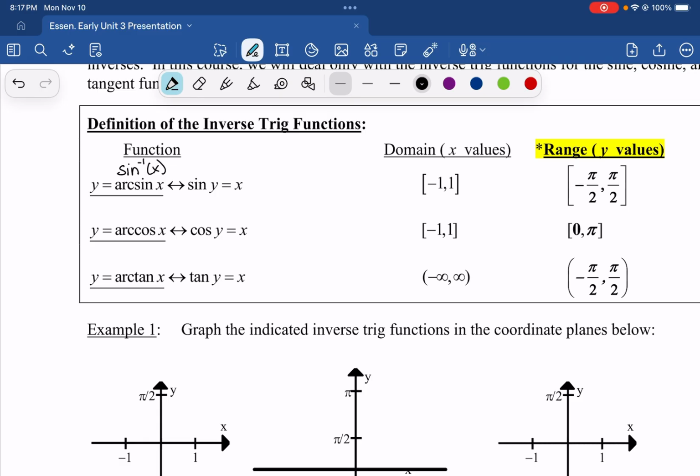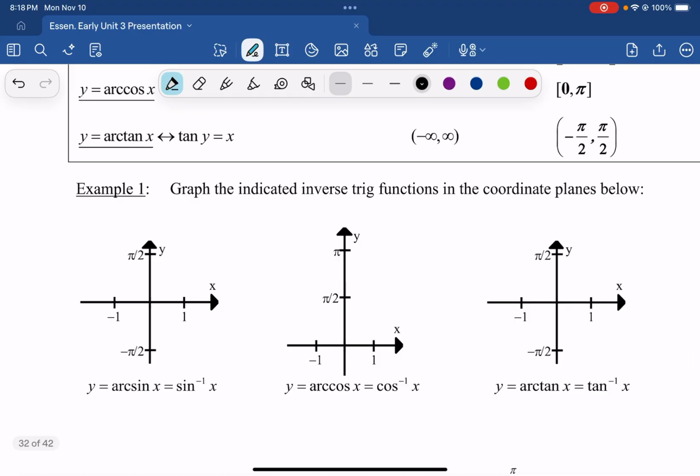Y equals arc cosine of x means cosine y equals x, and our domain is from -1 to 1 and our range is from 0 to pi. Then y equals arc tangent of x means tangent y equals x. Its domain is from -infinity to +infinity, and our range is from -π/2 to π/2.